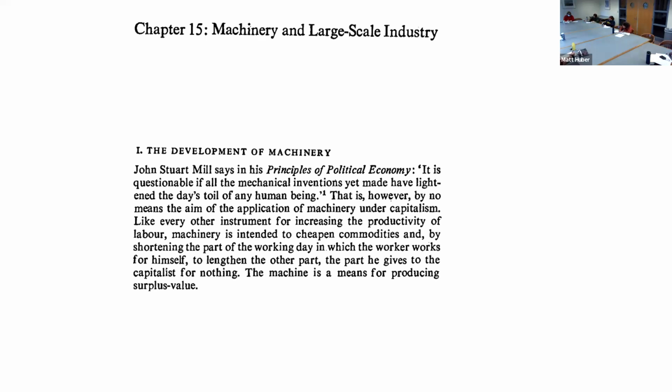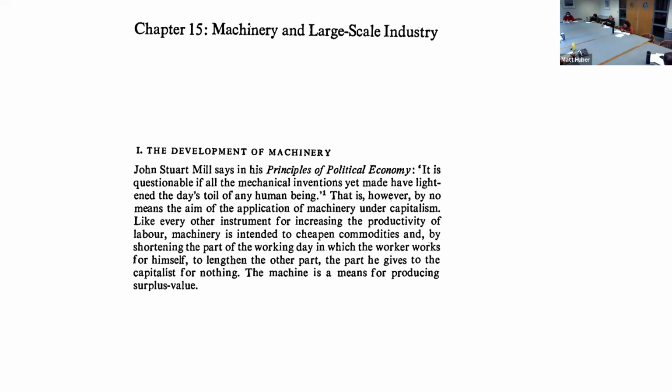When production is organized through machinery, capital can literally control the speed of production, if you think of classically an assembly line and things like this. But anyway, we want to keep in mind these other methods that we've reviewed, including lengthening the working day, which is absolute surplus value.